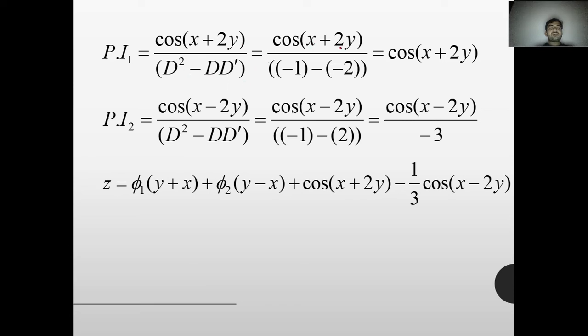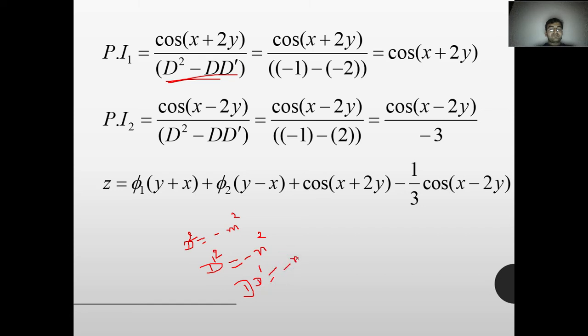In the second case, we know that d square is equal to minus m square and d dash square is equal to minus n square, and d into d dash is equal to minus m into n.